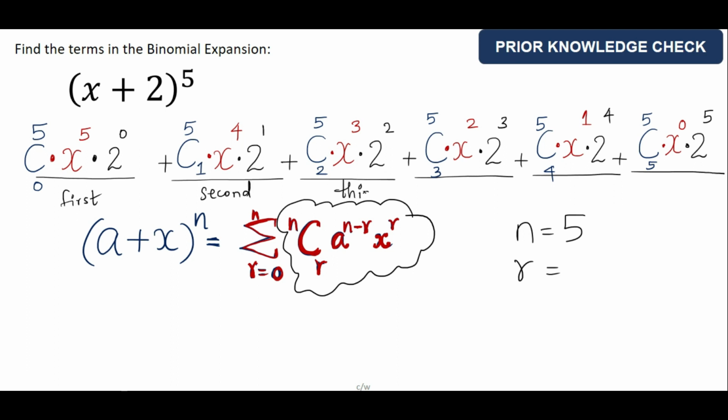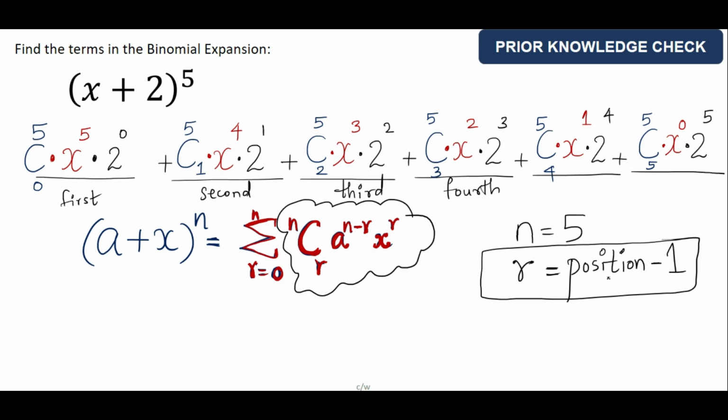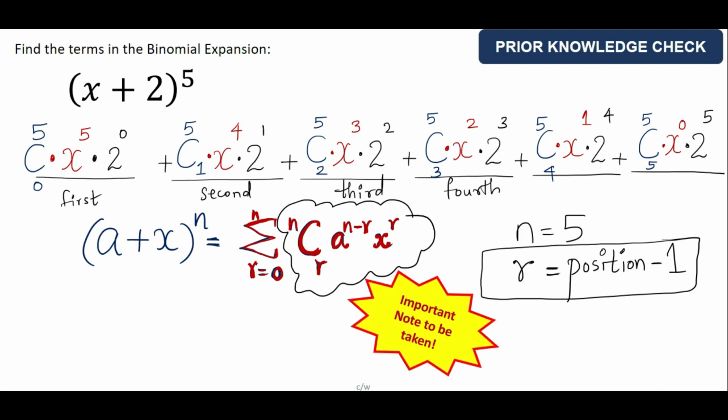For the third term it's 2, and fourth term it's 3. So we can see that the value for r is equal to the position minus 1. If it's a third term, the position is 3, so 3 minus 1. This is an important note to be taken.